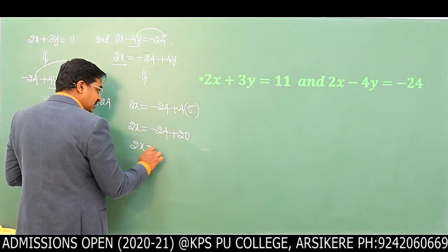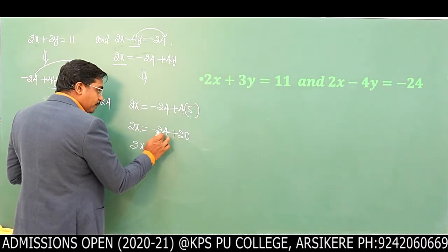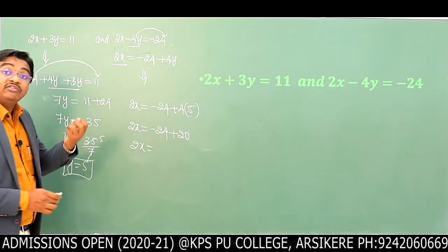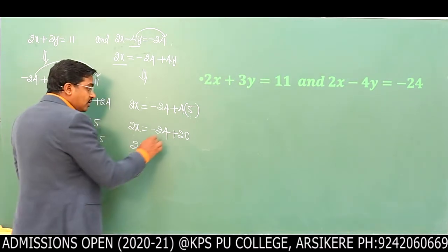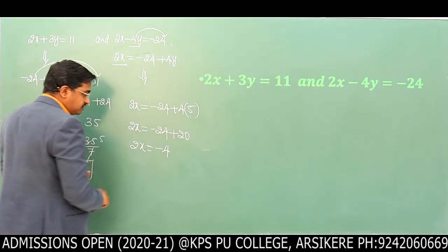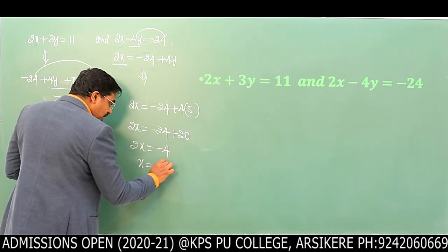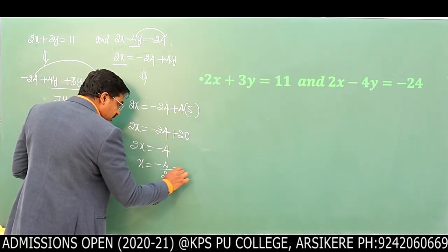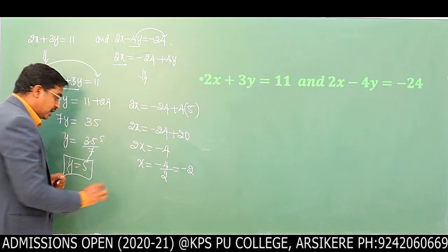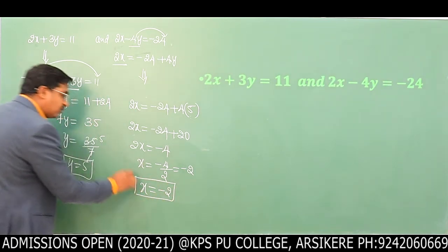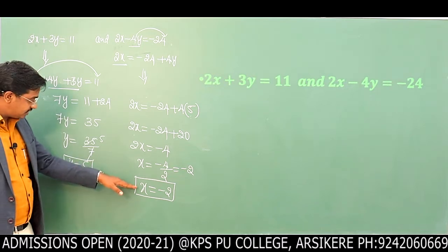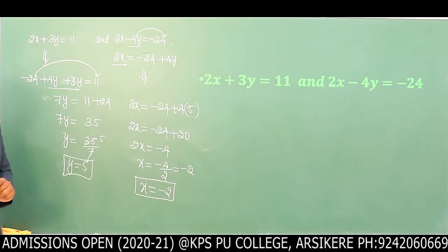So 2x is equal to, what is the simplification? Minus 24 plus 20. We have different signs. What is the operation here? Subtraction, and our sign is followed by the largest number, that becomes minus 4. So x is equal to minus 4 divided by 2. It becomes minus 2. Therefore, the x value is minus 2. So these are the values of x and y. x is equal to minus 2 and y is equal to plus 5. Okay, this is the answer here.